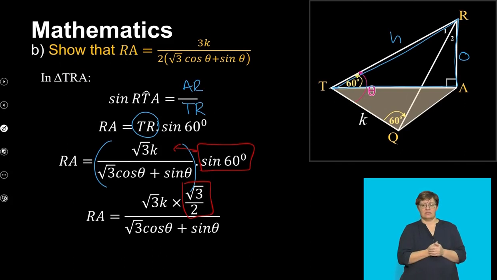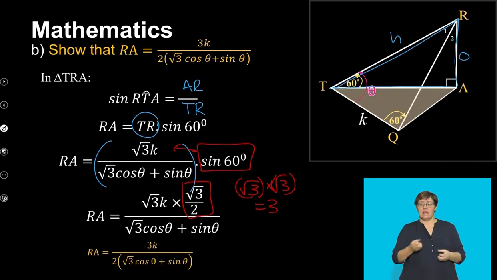So root 3k times sine of 60 becomes root 3k times root 3 over 2. And when we're multiplying root 3 times root 3, we know that we must end up with just 3. Okay, so that means our expression can be simplified into 3k over 2. This 2 will go into the denominator, so 2 times root 3 cos theta plus sine of theta.